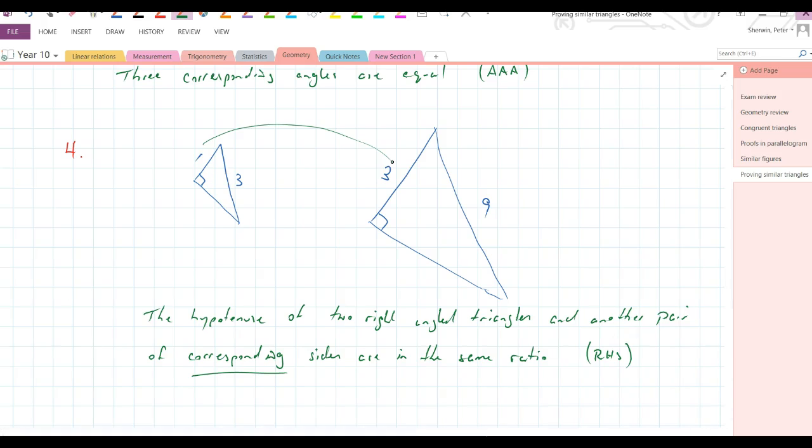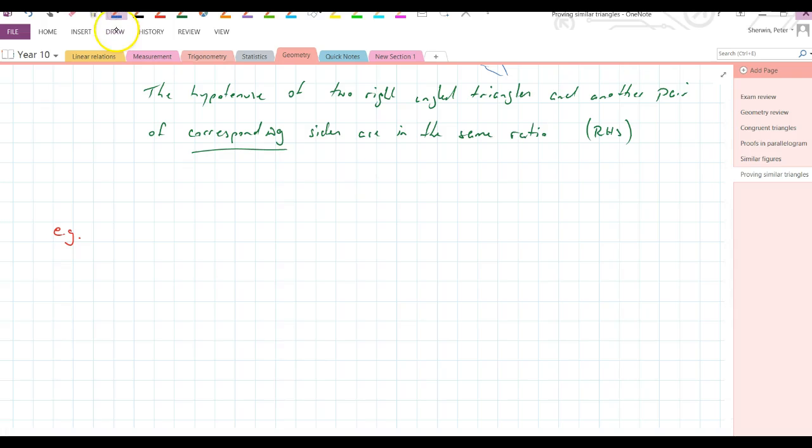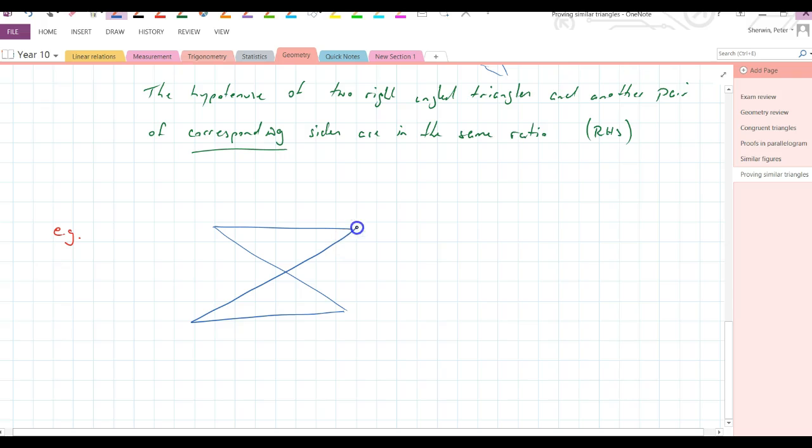All right, now if we do a quick example here of how this works, let me show you an example. Let's say here, let's put down a triangle. Let's do one of these sort of fellas.